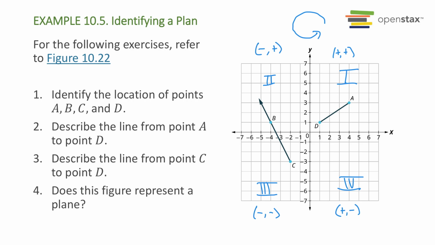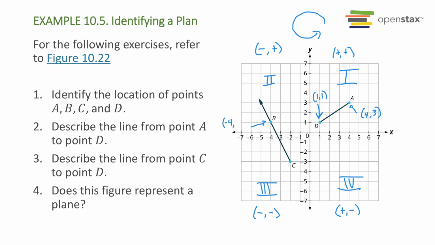So for example, point A here is going to be at the point 4, 3. And so that is its location in the Cartesian plane. And point D here, we'll just do D because it's also in the first quadrant, is going to be at the point 1, 1. Now over here, point B is in the second quadrant, so its X value is going to be negative.